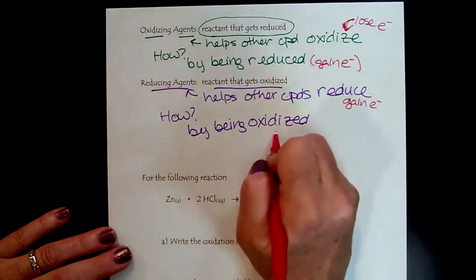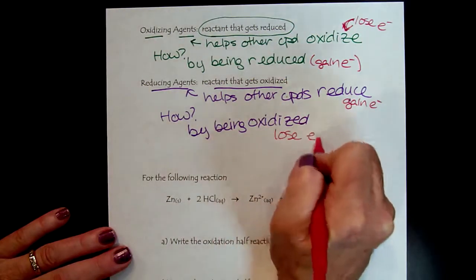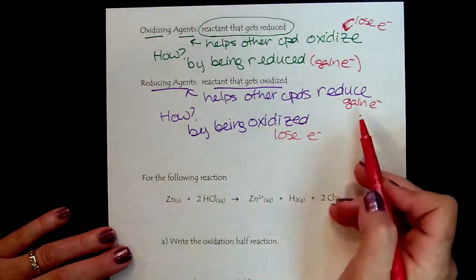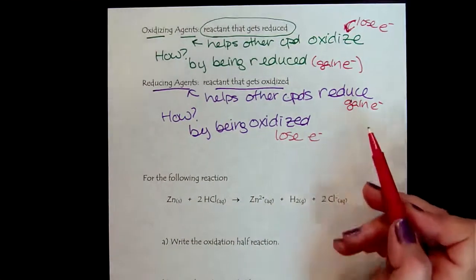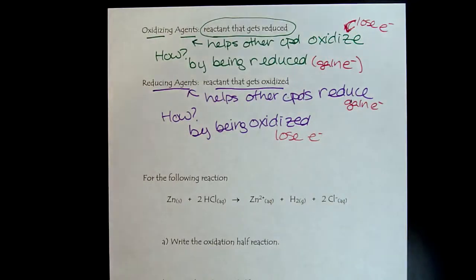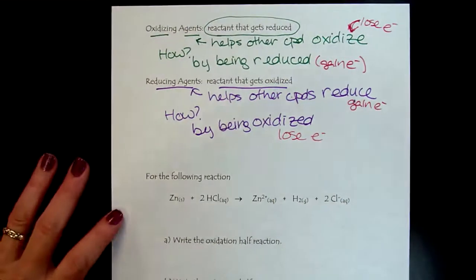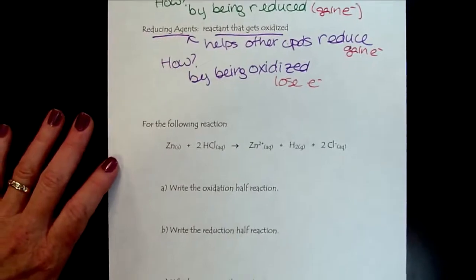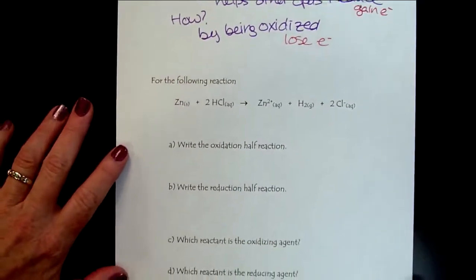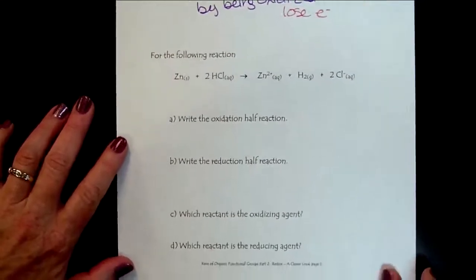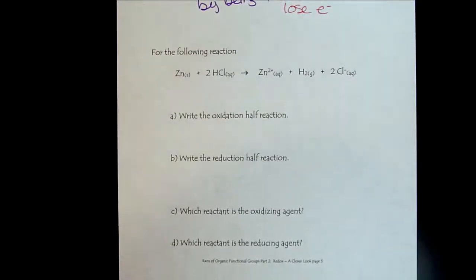So the reducing agent loses its electrons so that they can be gained by another substance. So it's a partnership. Alrighty. So let's put this together with one last practice problem. If you're feeling confident, go ahead and pause the video and see how you do. And then compare answers. Otherwise, we'll work together.